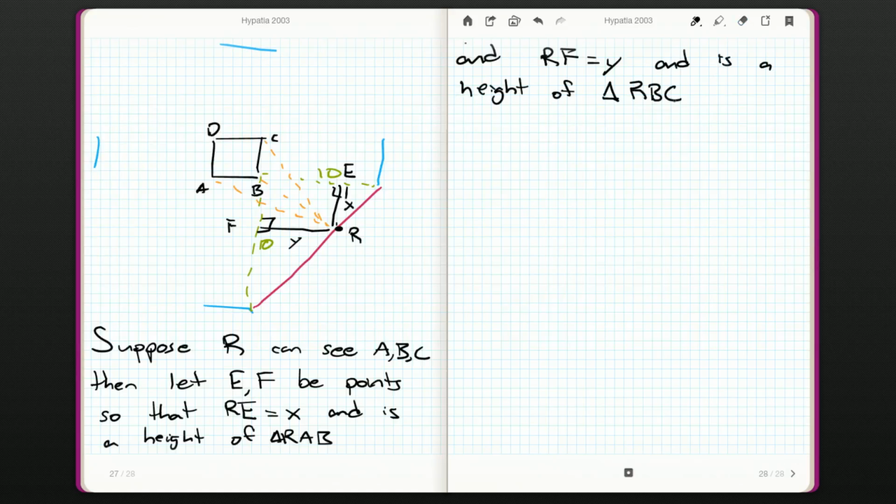Alright, so we have x and we have y. We know x plus y equals 10. Oops. So really, we can get rid of this y and just say RF is 10 minus x. Okay?